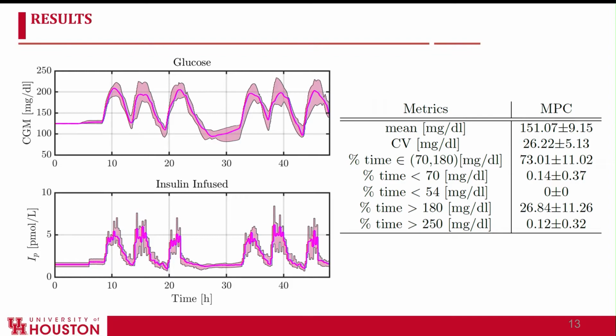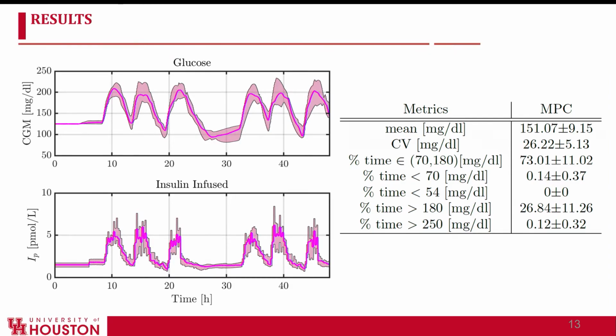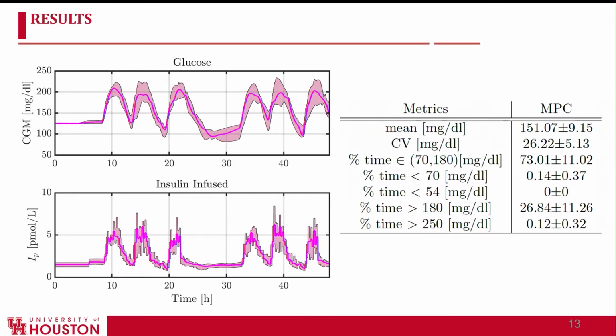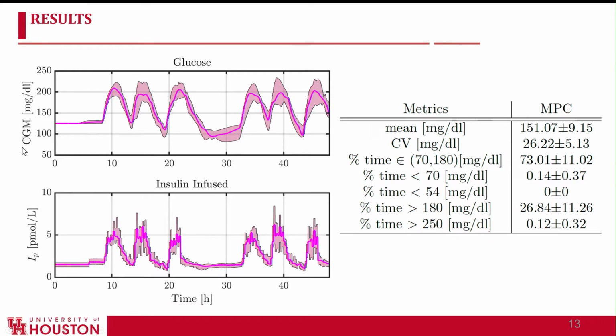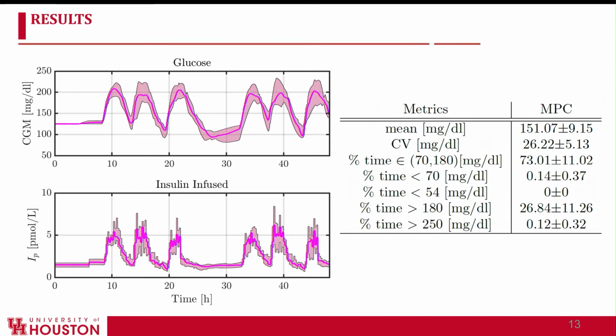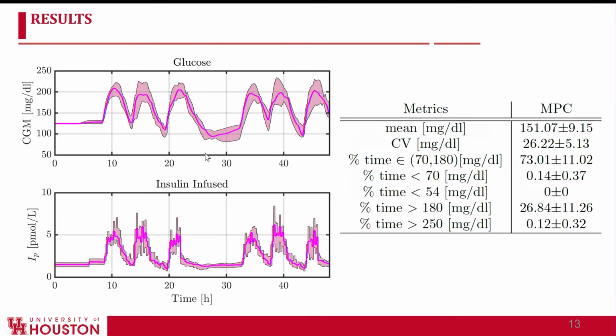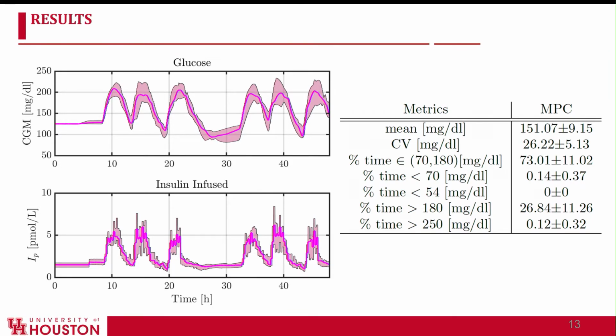So let me show you some preliminary results. Using again the simulator, we have 10 patients. We generate random scenarios for the meals. On the top, we have glucose in milligrams per deciliter on the y-axis, and on the x-axis we have the time in hours. The thick magenta is the mean, the average over the population, and the pink is the standard deviation, plus minus, across the patients.